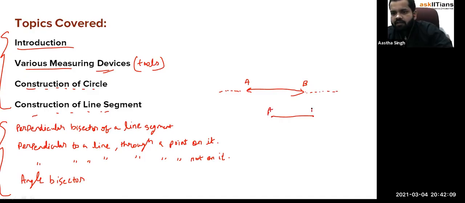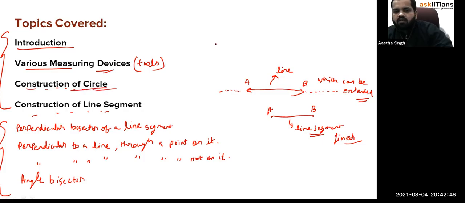You cannot extend your line segment. This is a line segment. A line can be extended, a line segment is fixed.